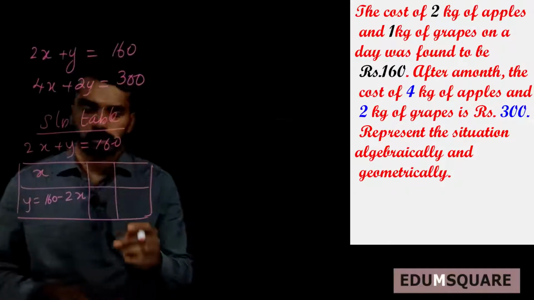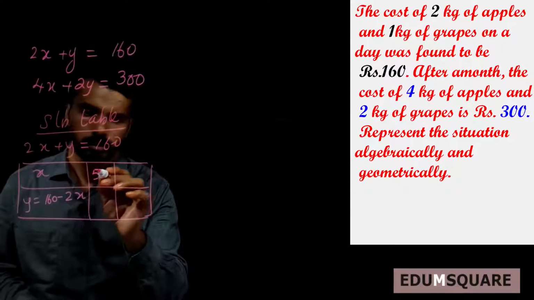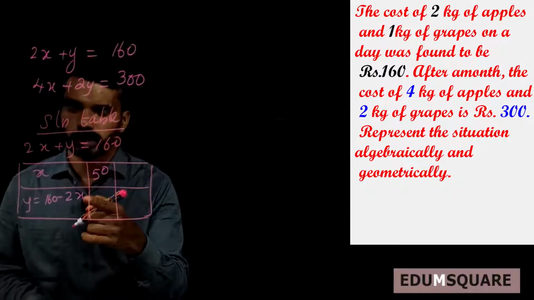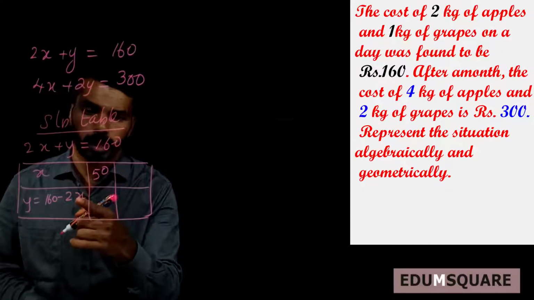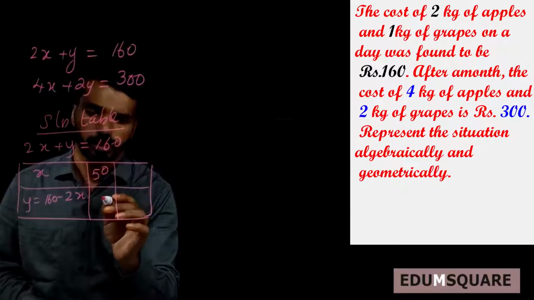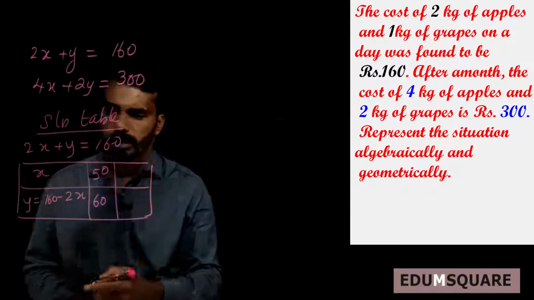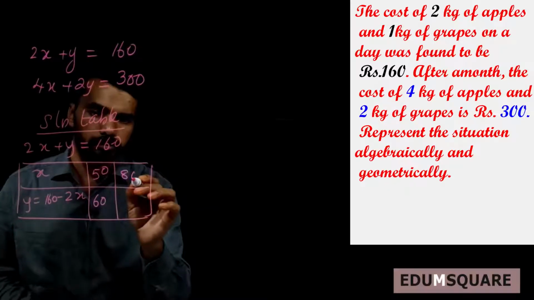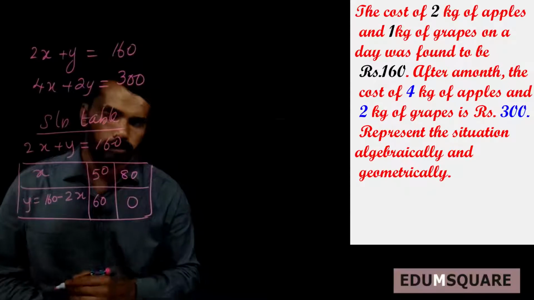First let us give x is equal to 50. If x is equal to 50, then y becomes 160 minus 2 into 50, 100. So 160 minus 100, 60. Now let us give x as 80. So y is equal to 0 now.